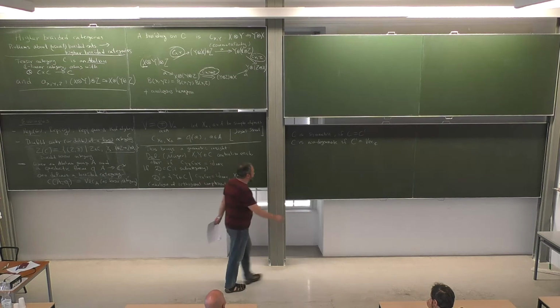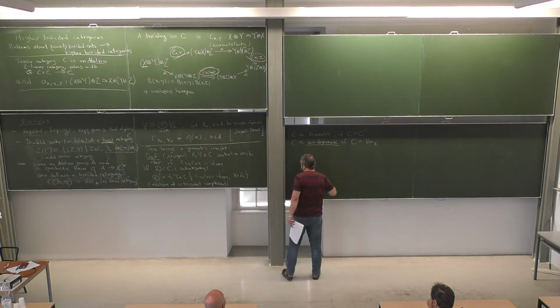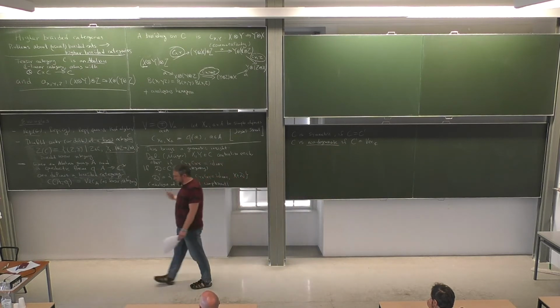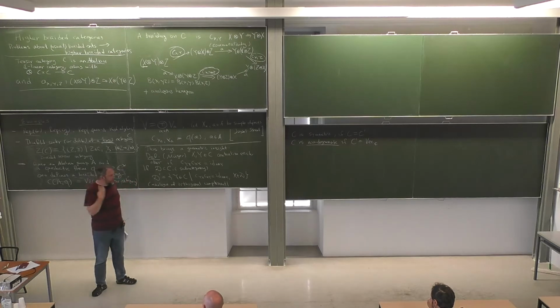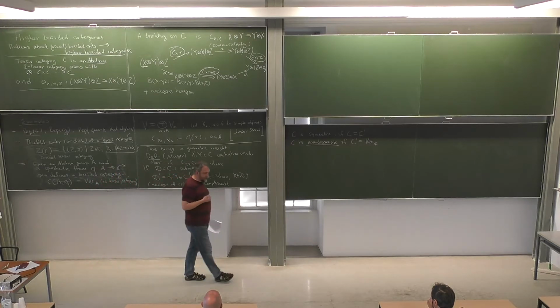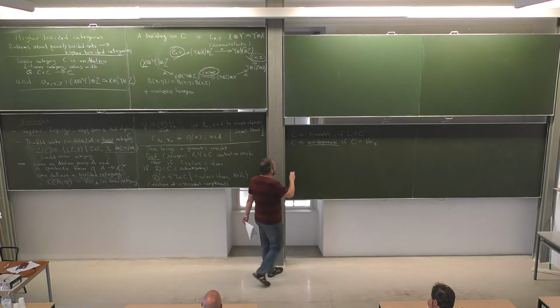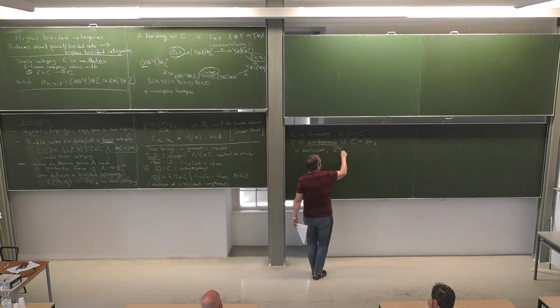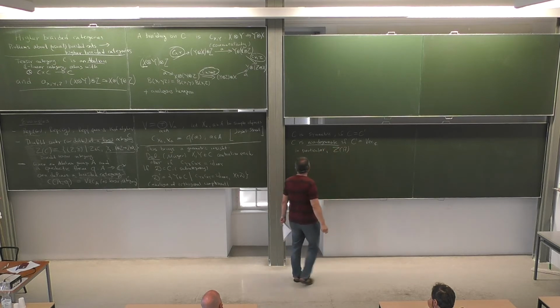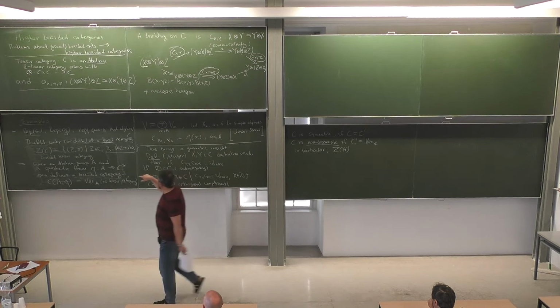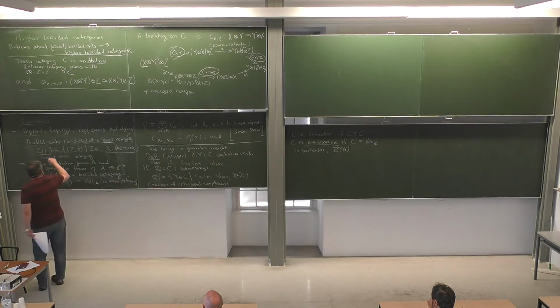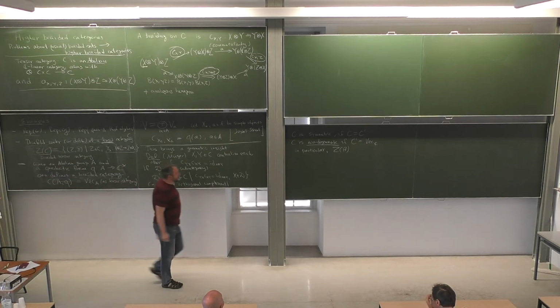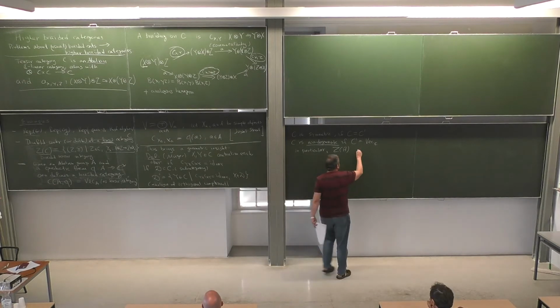So these are the categories that people love most because they lead to the most interesting applications, okay? So in particular, the Greenfield center of a tensor category, that I defined here, is non-degenerate.